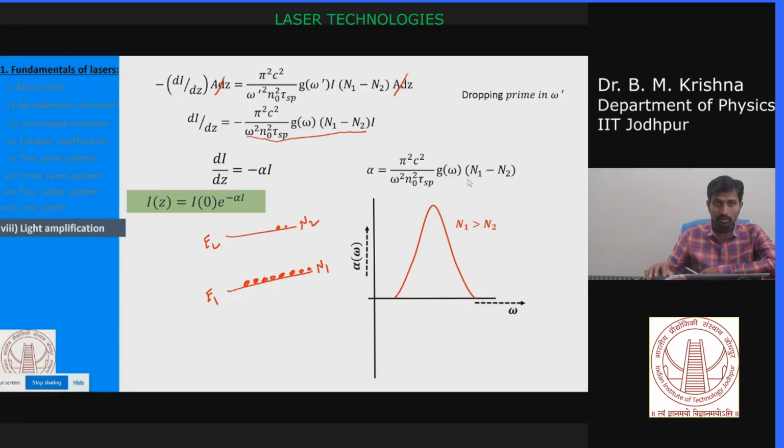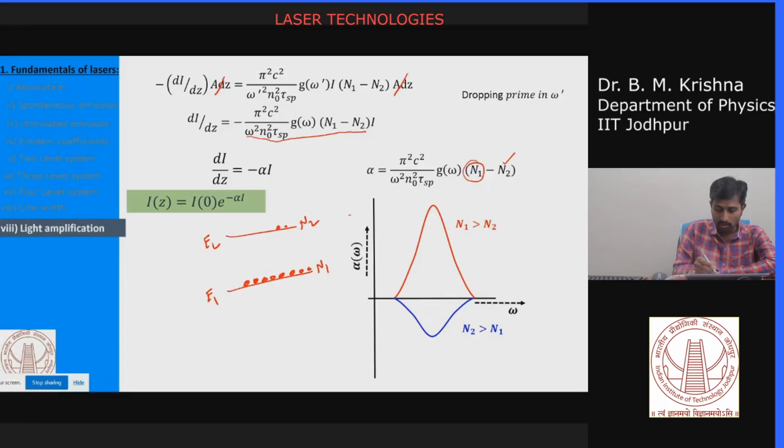Now if your N2 is greater than N1, that means your N2 is dominating, so now you can neglect your N1. So you will get a minus sign: minus pi square c square by omega square n naught square tau sp g of omega n2. So that curve goes downwards, and you get negative values.